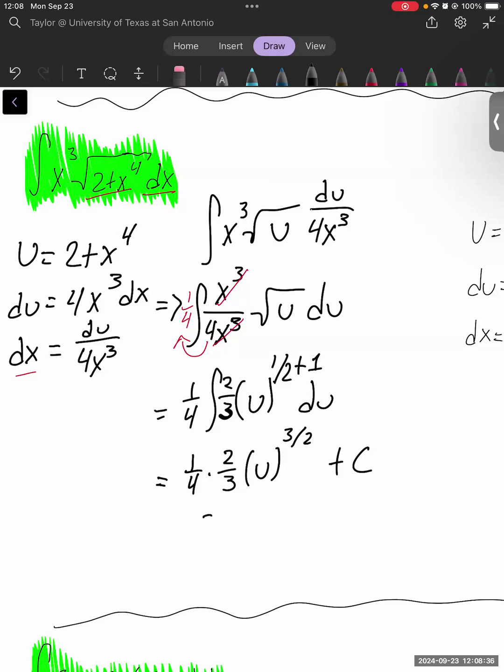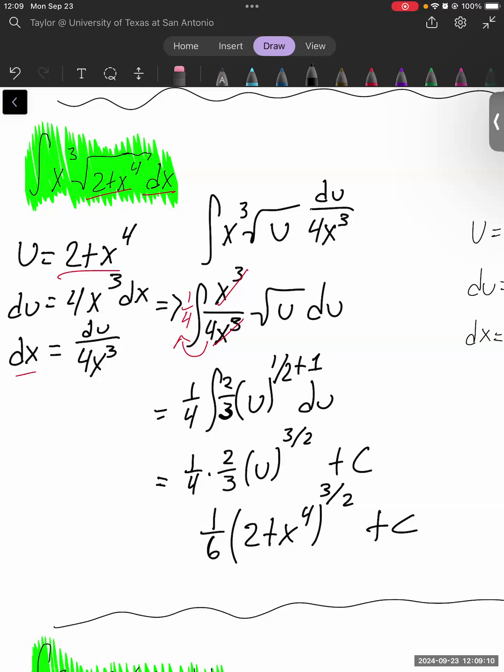So we get 2/12, which is really 1/6. And then I'm going to substitute our u term back, giving us 2 plus x to the 4th to the power of 3/2 plus c. We agree? Yes. Cool.